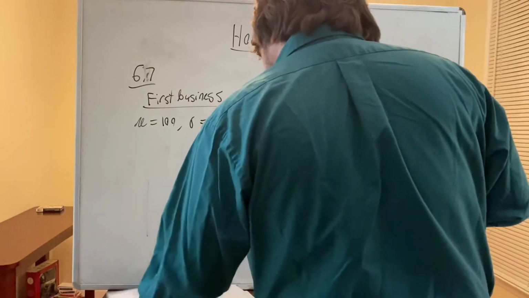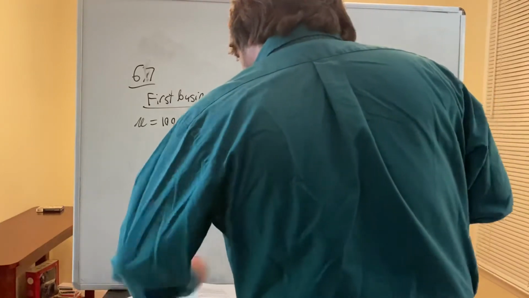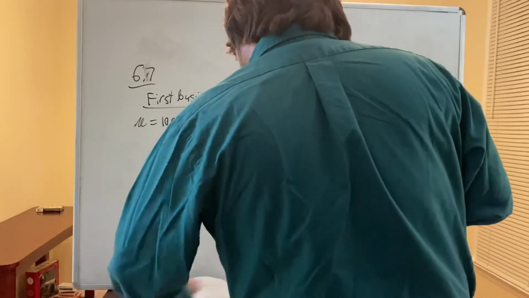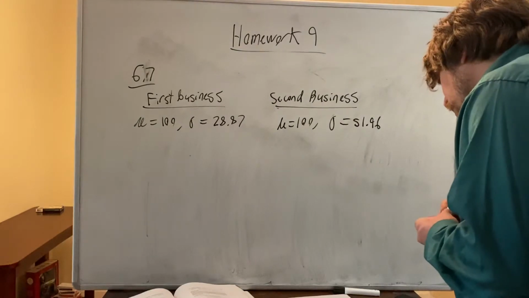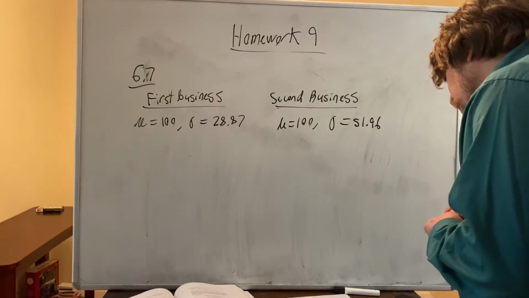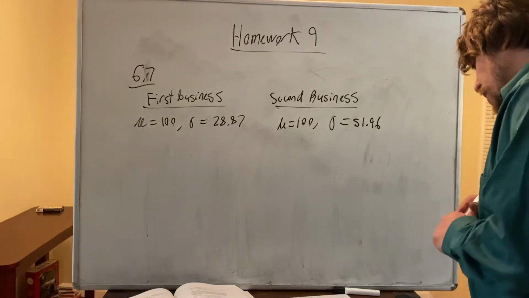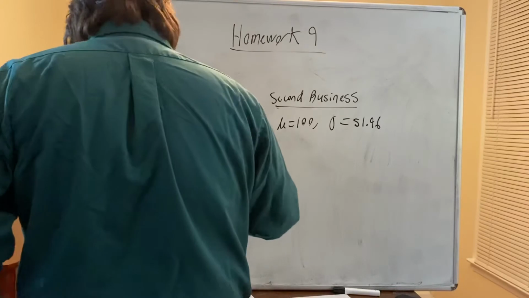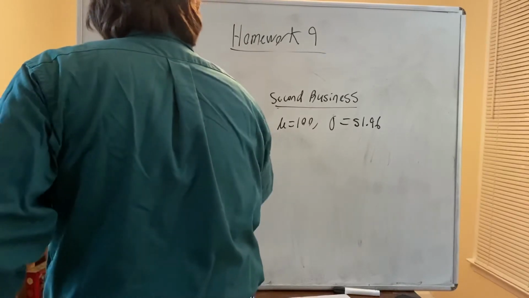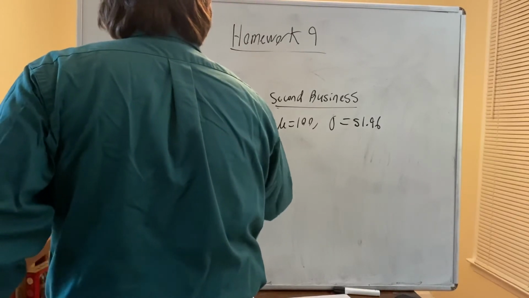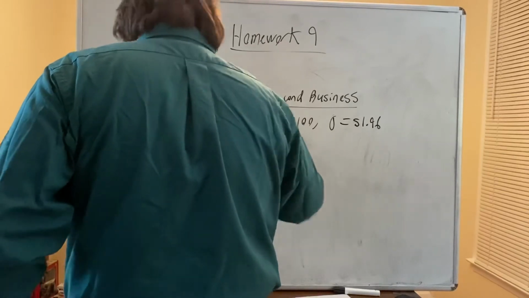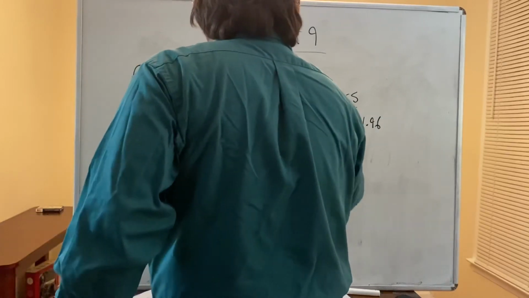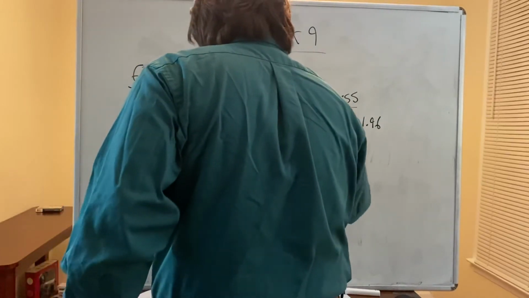So use Chebyshev's inequality to estimate the probability that in any one day each business will make either less than $60 or more than $140 in profit. By Chebyshev's inequality, the probability that the absolute value of X minus mu is greater than or equal to d is less than or equal to sigma squared over d squared.